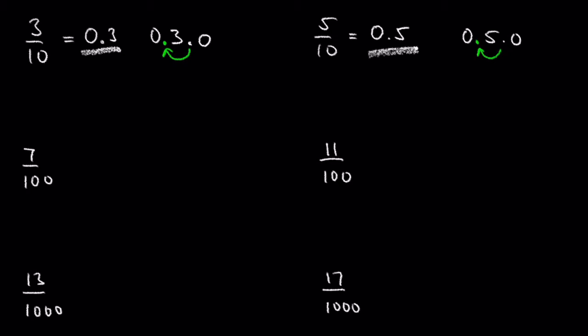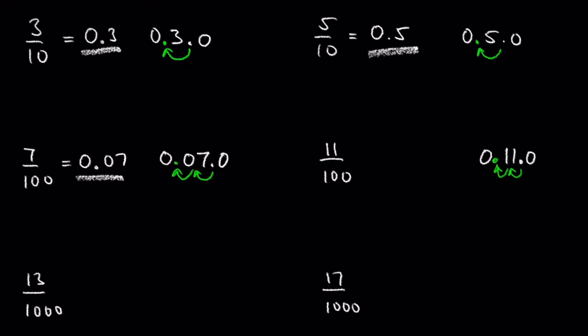So the 7, which is 7.0, becomes 0.07 as a decimal, and the 11, which is 11.0, becomes 0.11 as a decimal.